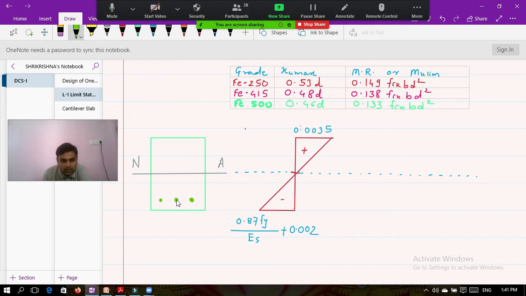These are the steel bars, the reinforcement provided in the beam. If I project the line of reinforcement where the tensile force is acting, here at this point the tensile force will act. So I will project this line also.